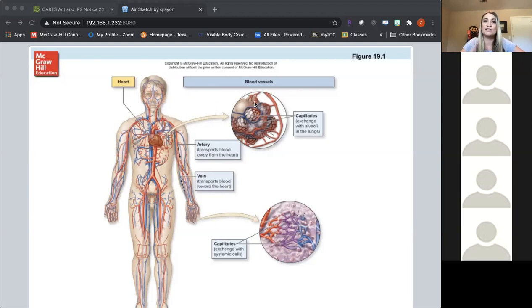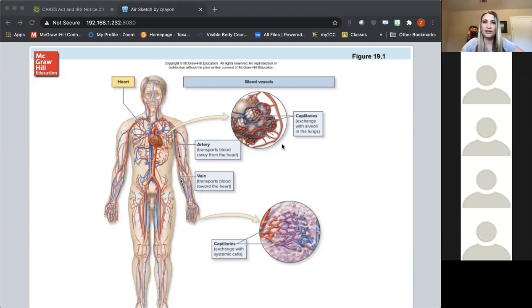Arteries carry blood away from the heart. There are some arteries that carry deoxygenated blood, and that's specifically seen in your pulmonary circulation. So arteries away, AA, and veins towards the heart. And the only place you see things moving in and out of the blood will be at the capillary level.